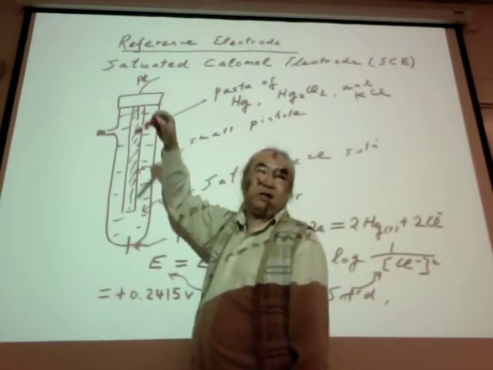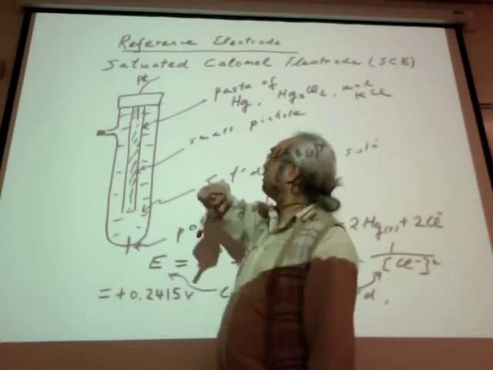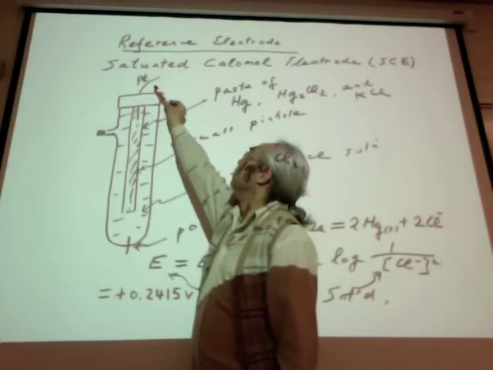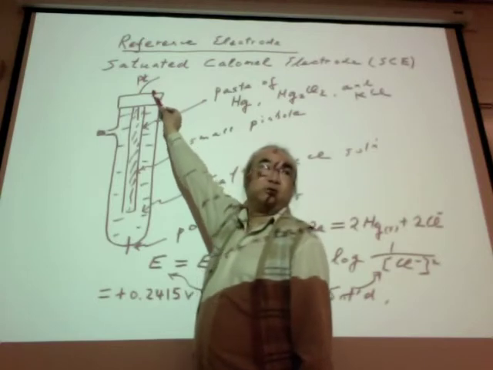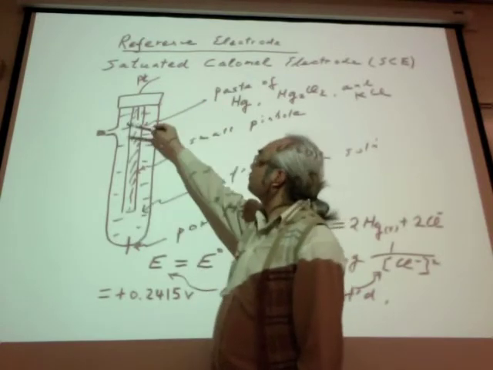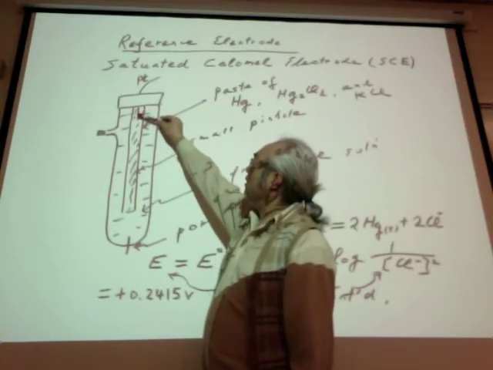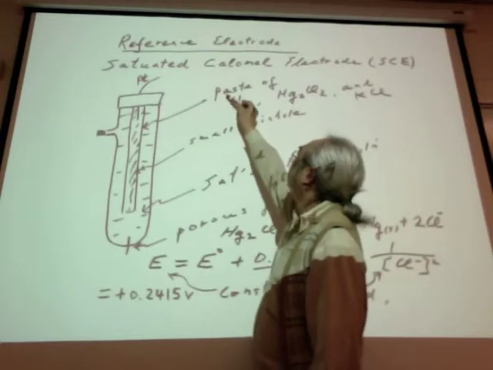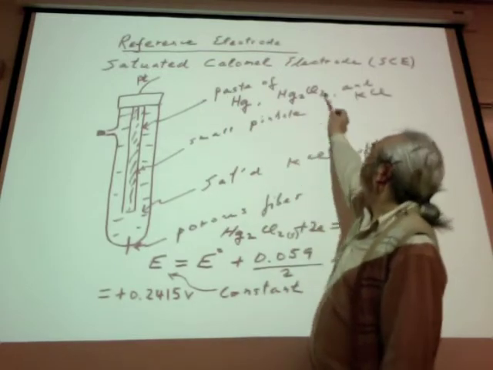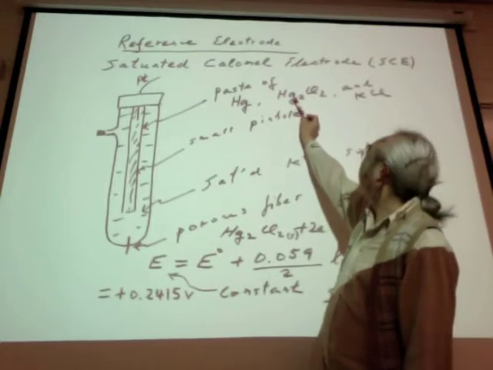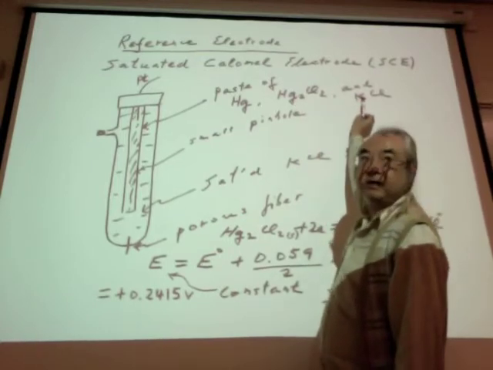Basically, you will need a conductor. In this case, it's a platinum wire, which is not going to participate in the reaction. The wire sticks into a paste composed of mercury, mercurous chloride, and KCl.